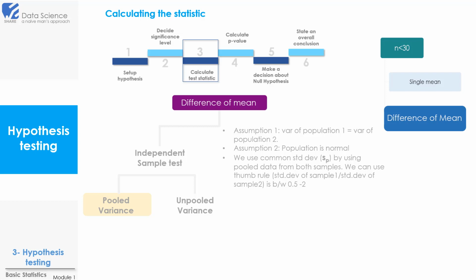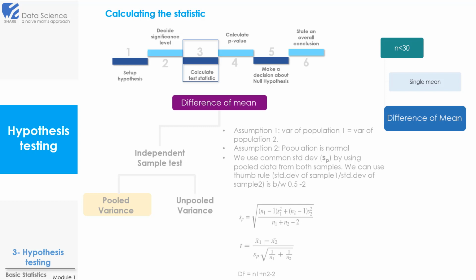So here we use common standard deviation denoted by SP by using the pooled data from both the samples. Now the formula for calculating the common standard deviation SP is given here. We can also use thumb rule, that is standard deviation of sample 1 divided by standard deviation of sample 2 is between 0.5 to 2.